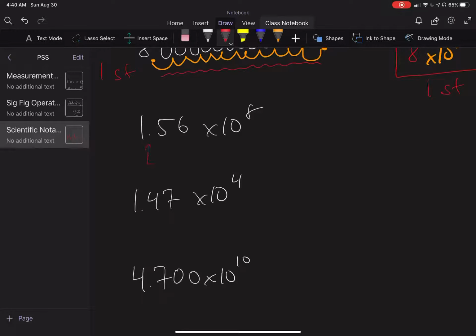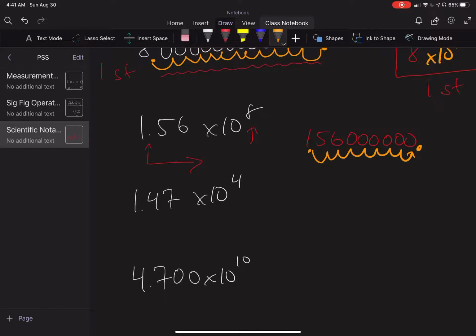We need to move it this direction, and it needs to move 8 times because we have an 8 right here. So 1, 5, 6, I've moved it twice, and then I'm going to have to add 6 zeros. 1, 2, 3, 4, 5, 6. So here's the new location of our decimal. It was right here. Moving it this direction, we moved it 8 times to get there. So 1, 2, 3, 4, 5, 6, 7, 8, just to verify.